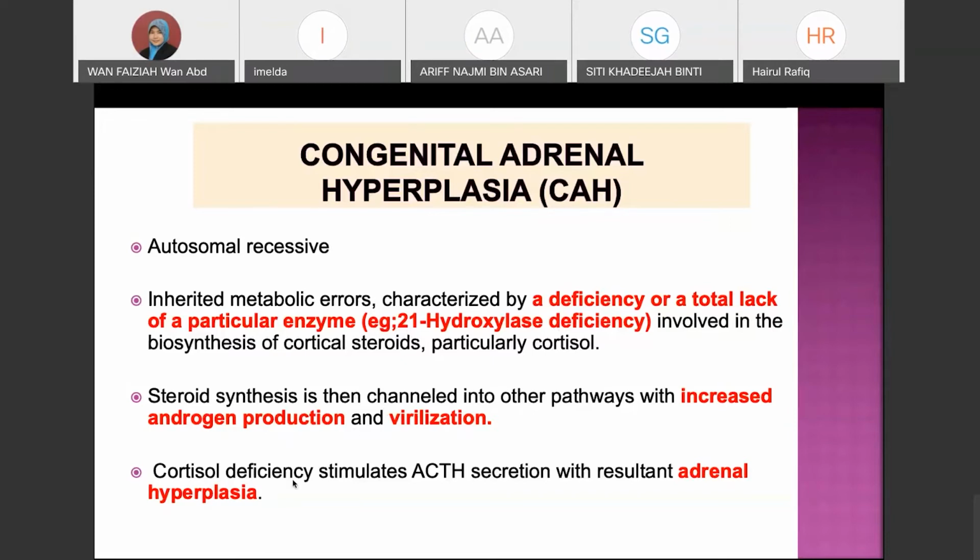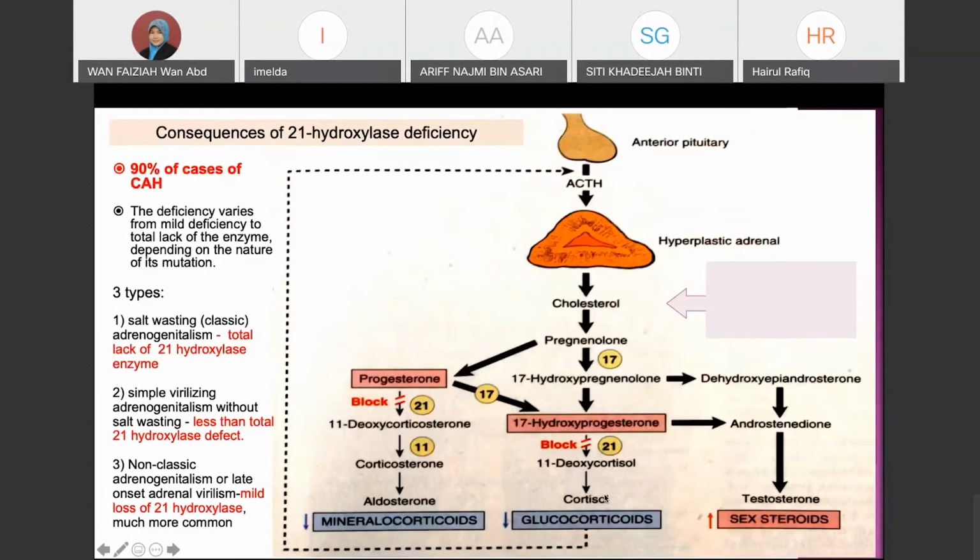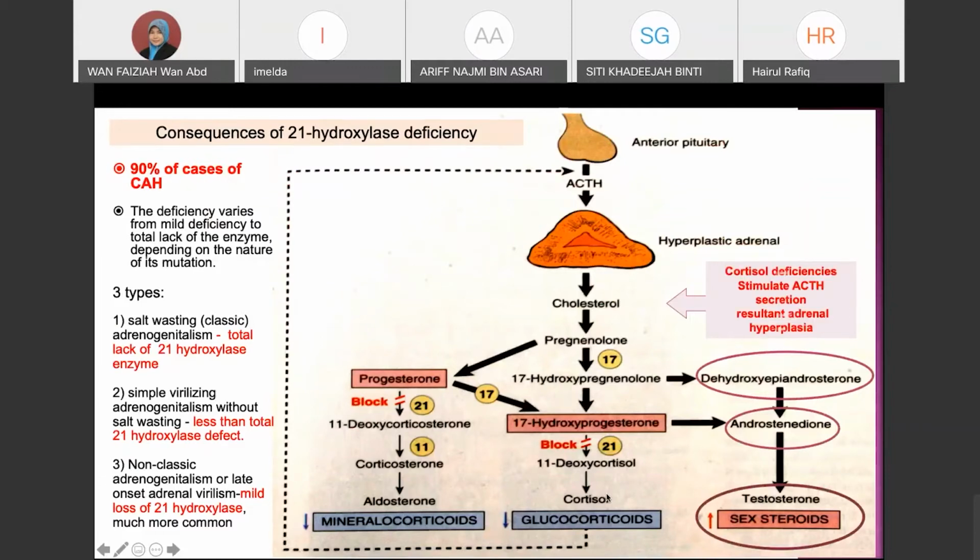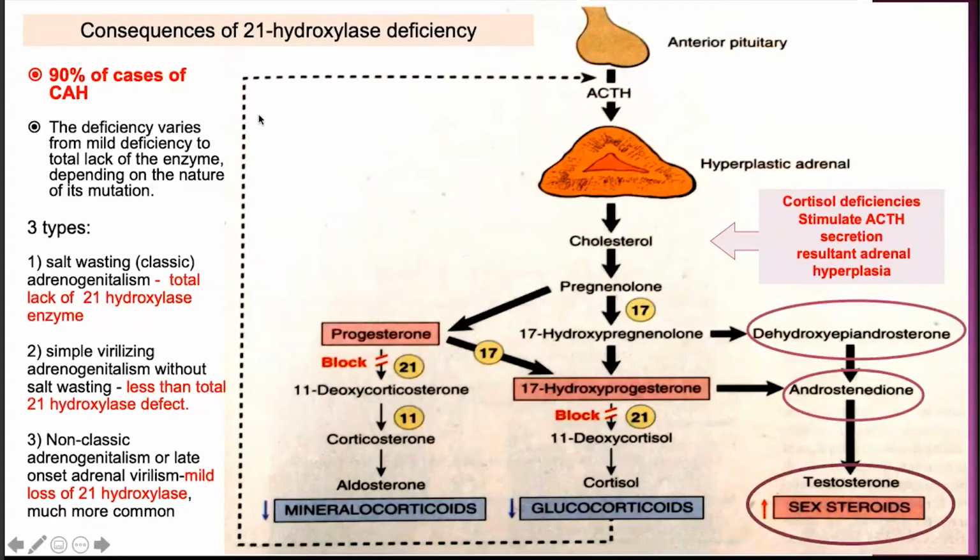So the cortisol deficiency stimulates ACTH secretion with a resultant adrenal hyperplasia. We need to see this in order to understand whatever I have mentioned just now. Okay. 90% of cases of congenital adrenal hyperplasia are due to the deficiency of this enzyme.